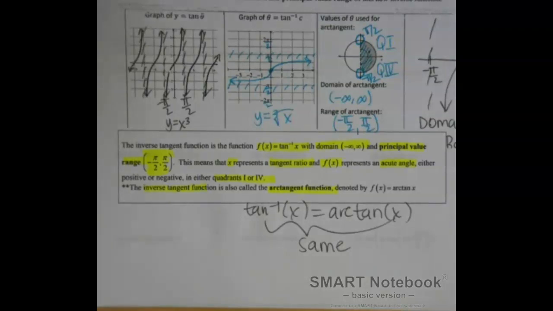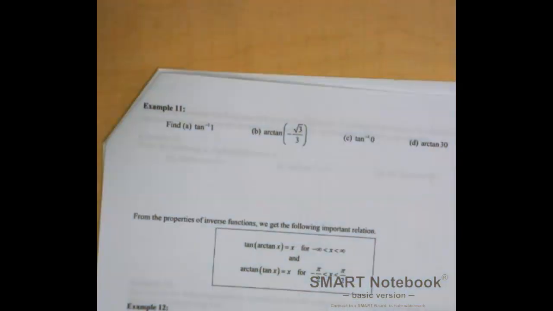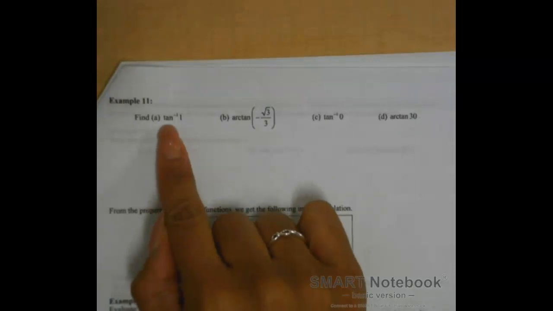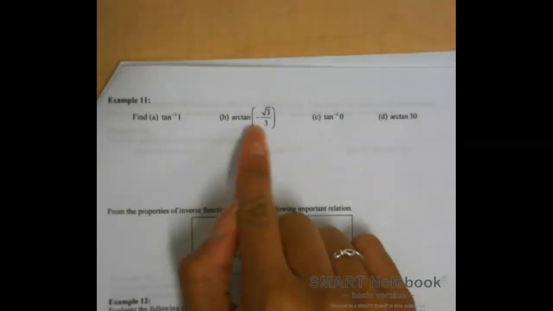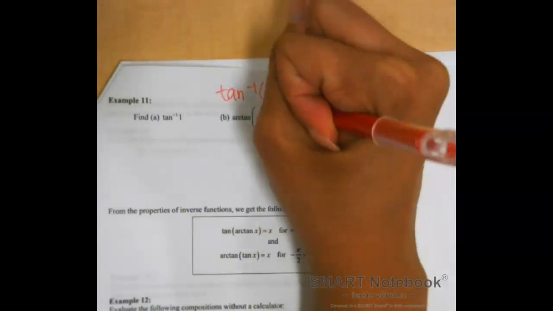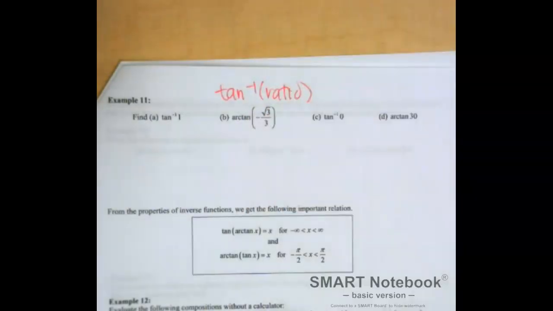If you're good and you're ready to move on, let's look at the next page. All right, so for example 11, let's go ahead and look at the first ones. If you look at A, B, C, and D, you have tangent inverse, arctan, tangent inverse, arctan. Okay, that's fine. What I'm going to do at the top of the page, though, is make a note that tangent inverse needs to have a ratio in the parentheses.